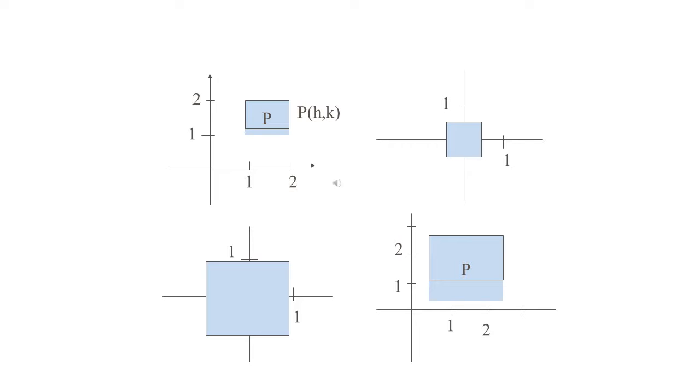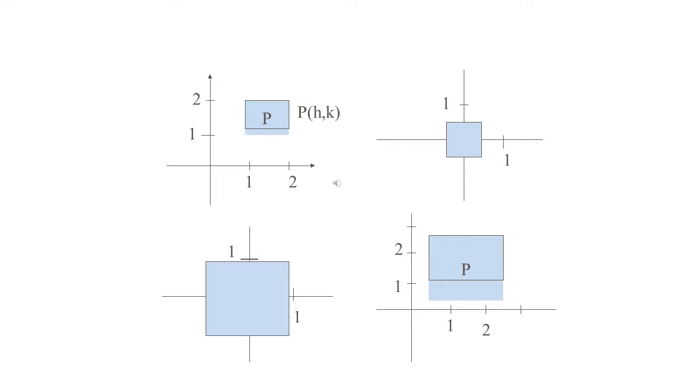The figure shows the sequence of transformations that will be performed and combined into a single one. Step 1: the object is kept at its position as in the figure, with the point P(h, k).